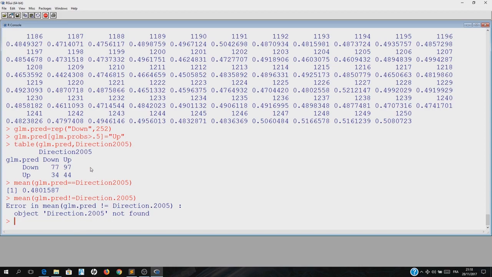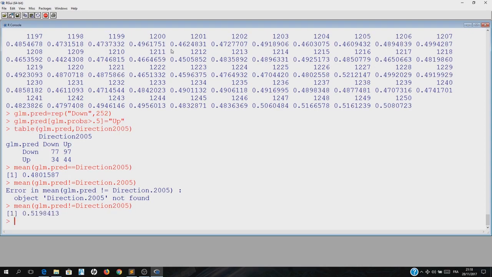Okay, so 48% of the time our model was right. 51% of the time, you can say 52% of the time, our model was wrong. So our model is bad. Most of the time, our model is wrong.